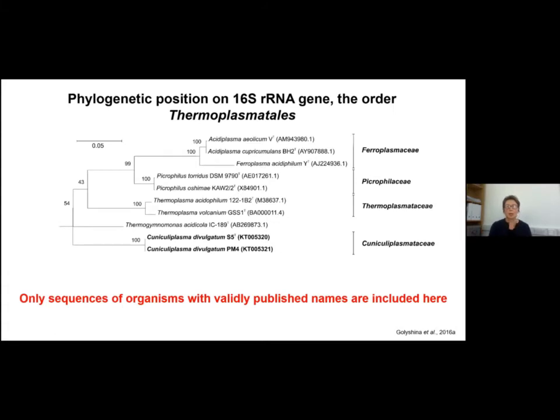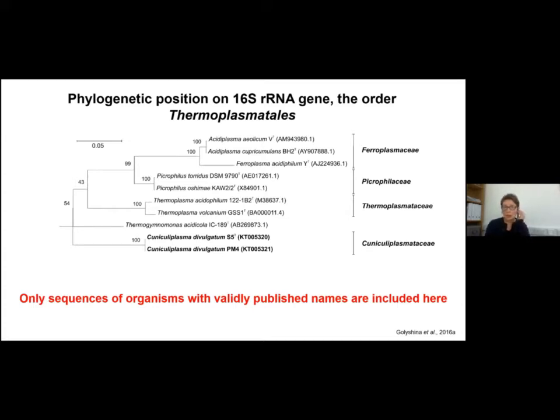Right. So what do we know about organisms within this order Thermoplasmatales? Here on this phylogenetic tree, you can see that currently 6 genera are included in this order.